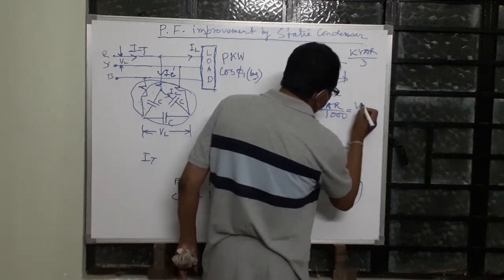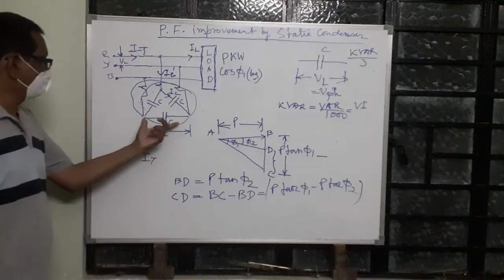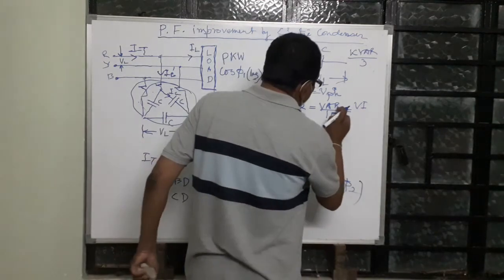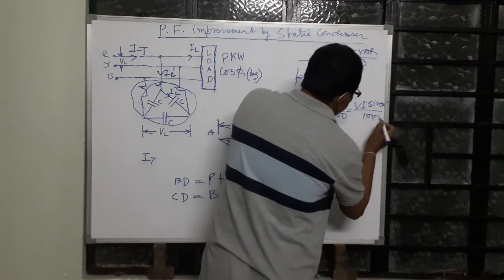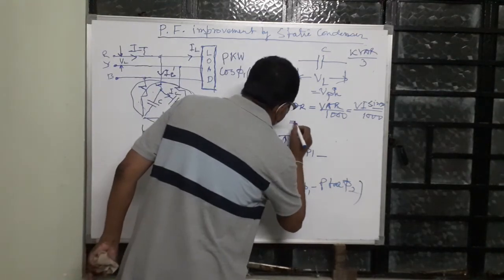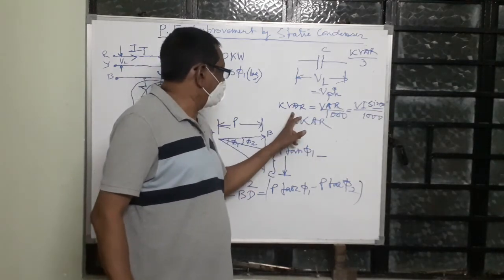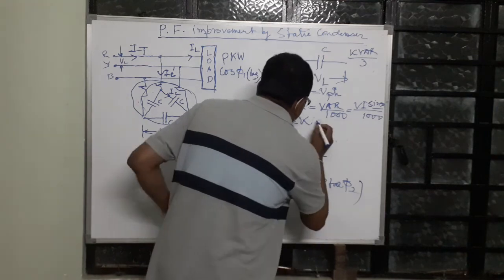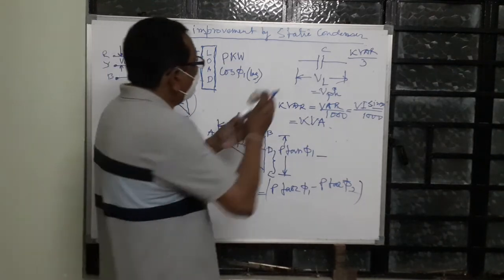The angle between voltage and current is 90 degrees, so VAR means V I sin 90 degrees, divided by 1000. Since sin 90 equals 1, we can find the kVAR of each capacitor.